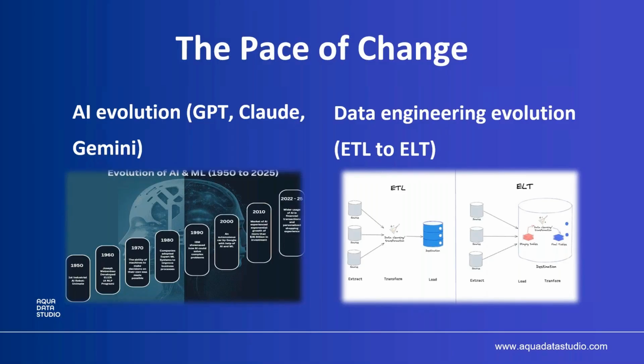Companies tied to older tooling and older architecture discovered that catching up was not a minor adjustment. It often became a major overhaul. The takeaway here is simple. Change is not slowing down. Agility is no longer optional. It is part of the normal operation of your environment for data teams.